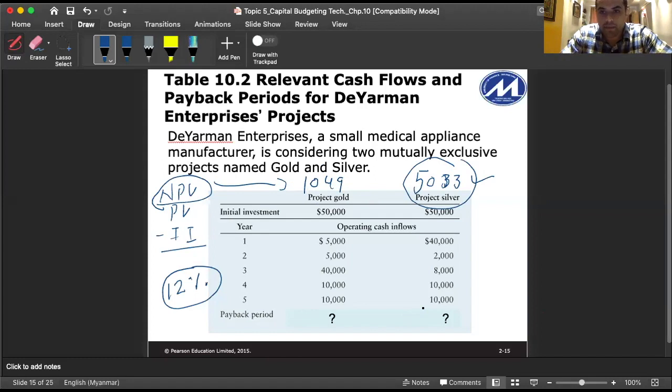Anybody who got a different answer than this number, or anybody who has any question regarding how to estimate NPV for Project Gold and Silver? Any question or move on to the next?